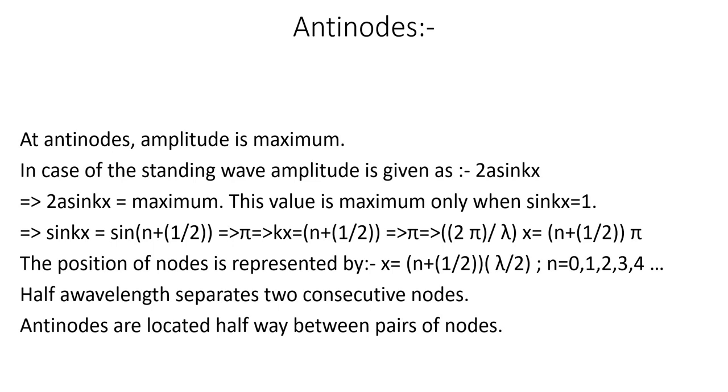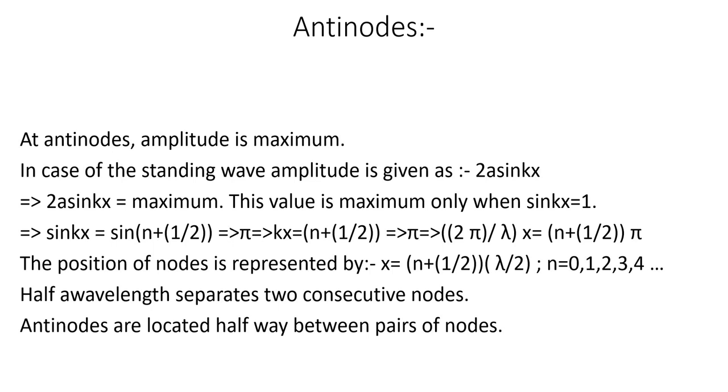So kx should be (n plus half) pi, that is kx = (n + 1/2) pi, or 2 pi by lambda into x = (n + 1/2) pi. Is it clear? So positions of antinodes are represented by x = (n + 1/2) lambda by 2. How can we equate that to this?